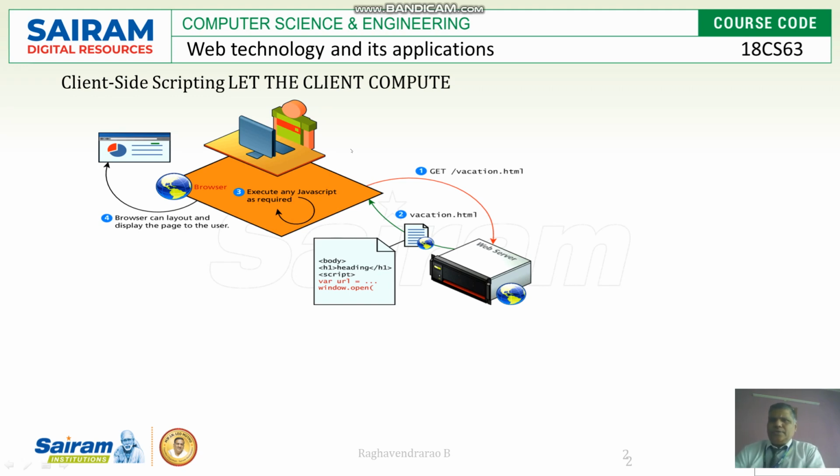He requests it by using the GET method for this particular file, vacation.html. The web browser sends that information and executes the JavaScript as required. If any mistakes are present in the HTML program, the JavaScript itself is going to correct them.